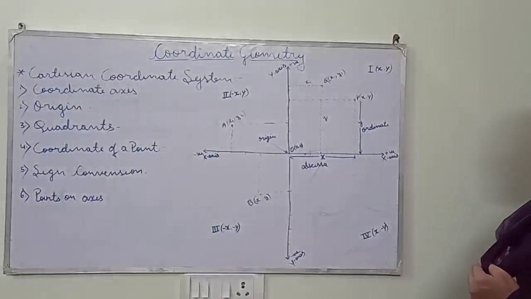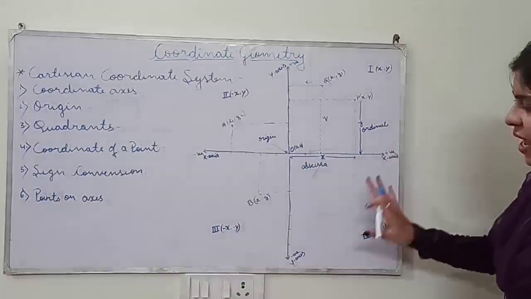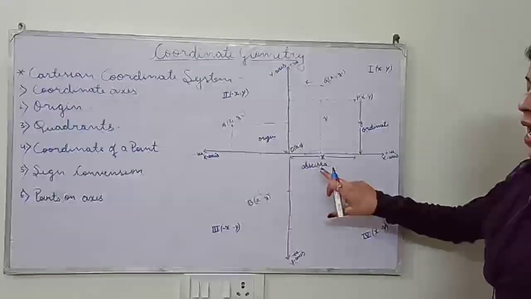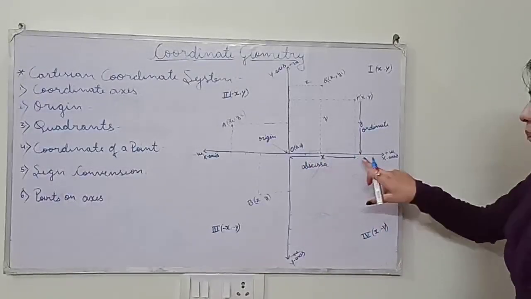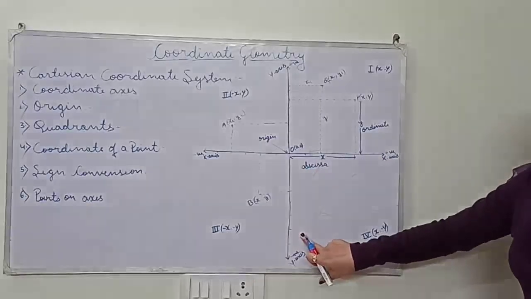Similarly, see here this is the fourth quadrant, and if we have any point in the fourth quadrant, we have to get the location of the point also. Here it is the positive x-axis, and here it is the negative y-axis.